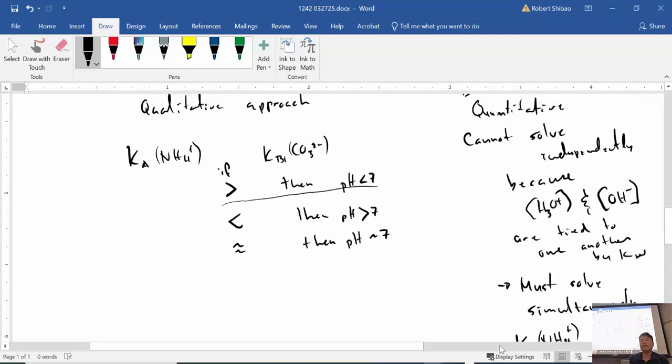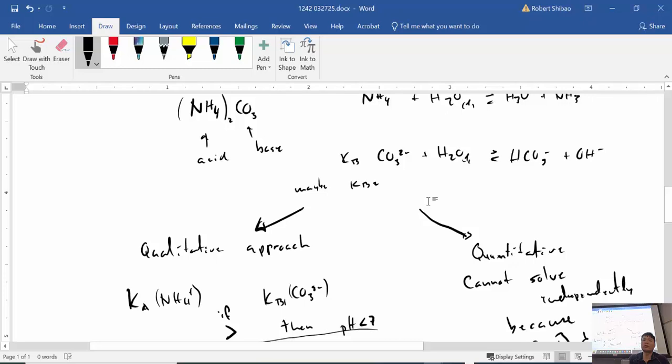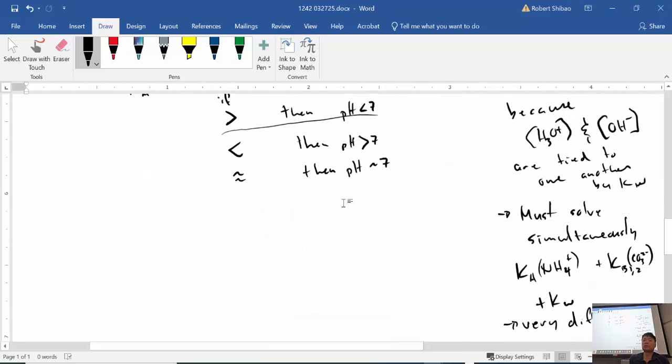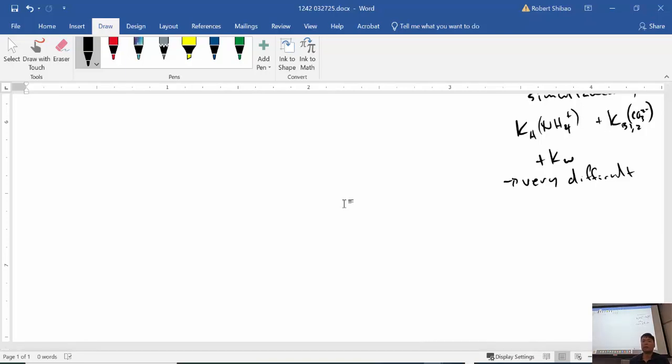In chapter 18, it doesn't even have to be a salt. We could just have a weak acid and a weak base together. Very difficult. In chapter 18, we're going to see this type of scenario, and we'll also see things like this. For example, if I had ammonia and acetic acid, this gets complicated as well.